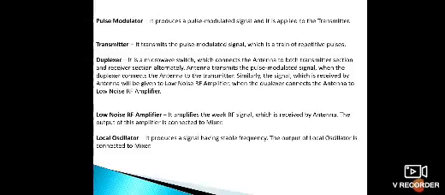The duplexer is a microwave switch which connects the antenna to both the transmitter section and the receiver section alternately. Whenever it is transmitting signals, the duplexer connects only the transmitter section, not the receiver section. At that moment, the antenna transmits the pulse modulated signals.